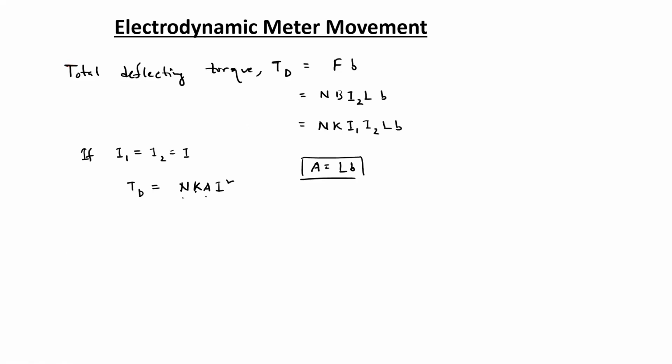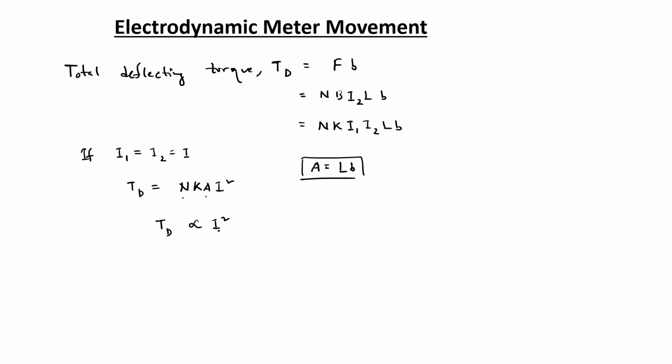And K has already been considered to be a proportionality constant associated with the magnetic flux density. So if all these three terms are constant, then it can be said that the deflecting torque is proportional to the square of the current flowing through the fixed and the moving coils.